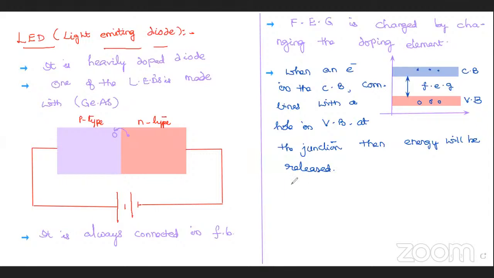Usually that released energy falls in the ultraviolet region, Nana. That's why for ordinary diodes and Zener diodes, even if you connect them in forward bias, we can't see the light coming out of those diodes with our naked eye. But particularly by changing the doping concentration, we are bringing that to the visible wavelengths.